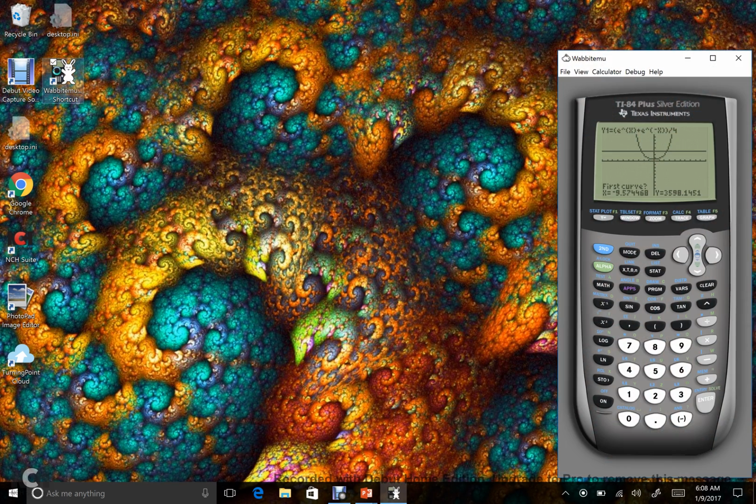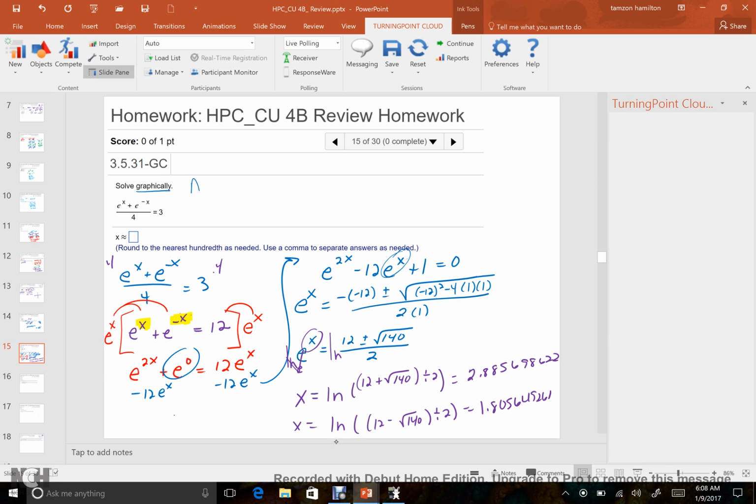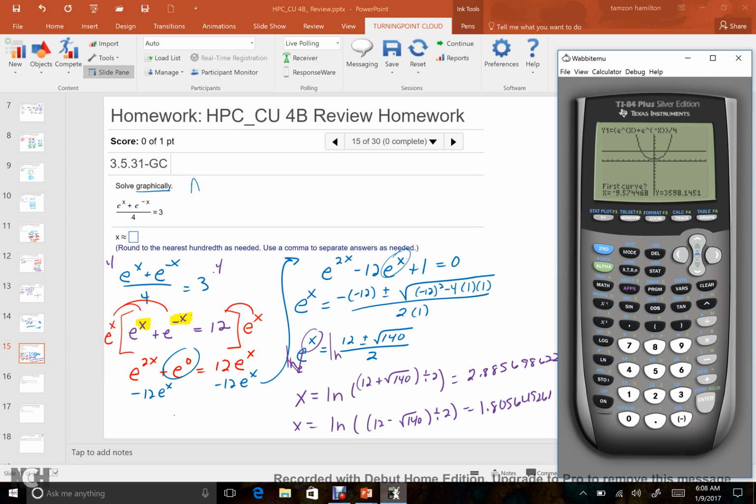I hit the button too long and it started. Alright, so let's start that again. Calculate intersection. Trying to find my cursor here. There it is. So I'm close to this intersection. Enter, enter, enter, and there is your answer. Whoa.